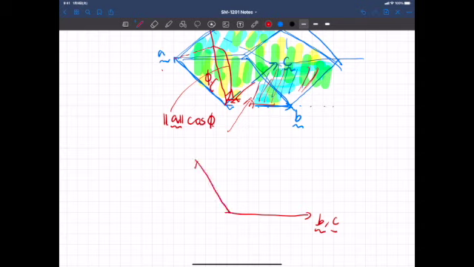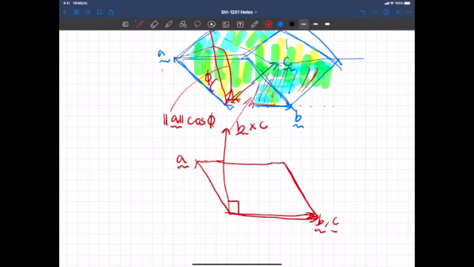So this is A, and this is B cross C, which is perpendicular. So the parallelepiped looks something like this. This is a parallelogram, this is B, and C is somewhere on this plane.